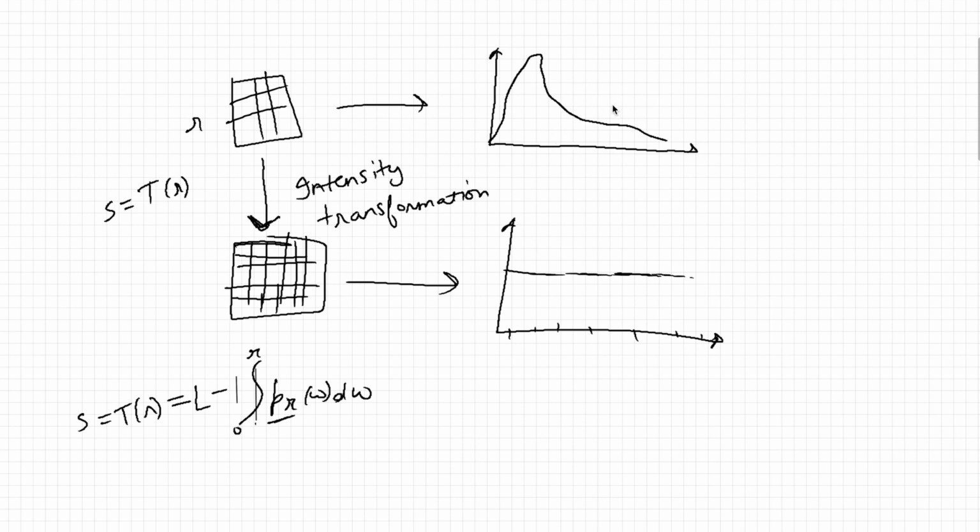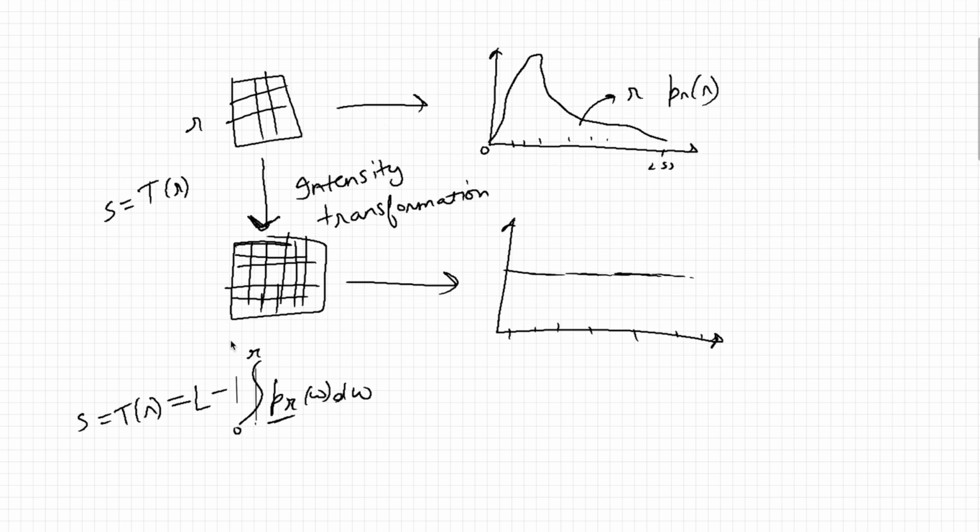Let's say R is a random variable over all the pixel values present in the image, from 0 to 255. Its distribution is P of R. This is given because we can calculate it directly from the image.